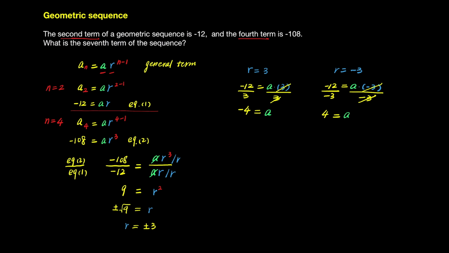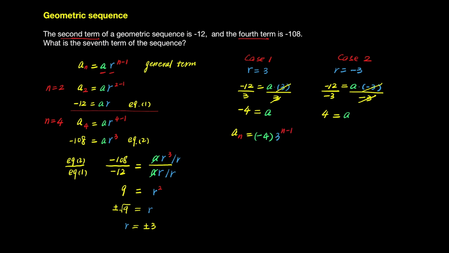Now we can write the two general terms based on the different values of a and r. This is our case 1. This is case 2. For case 1, we get a n equals, a is negative 4, we just plug in negative 4 here, r is positive 3, to the power of n minus 1.